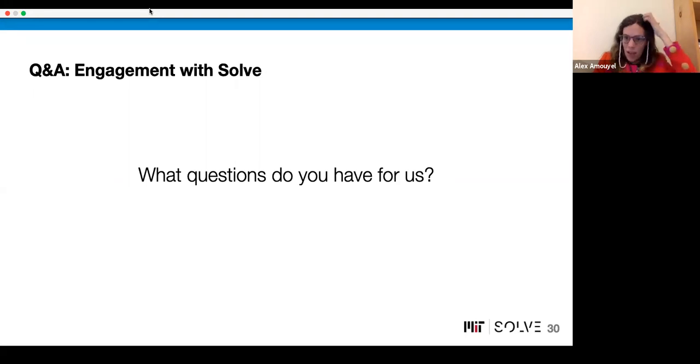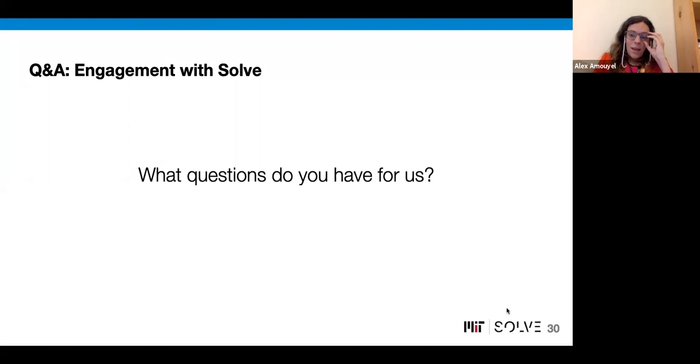For Solve at least, obviously there's two main things, I would say. The first is that usually we have a big in-person event on the MIT campus, Solve at MIT, which is our flagship event. And we were planning to have a 3-day in-person event, which was on May 12th to 14th.